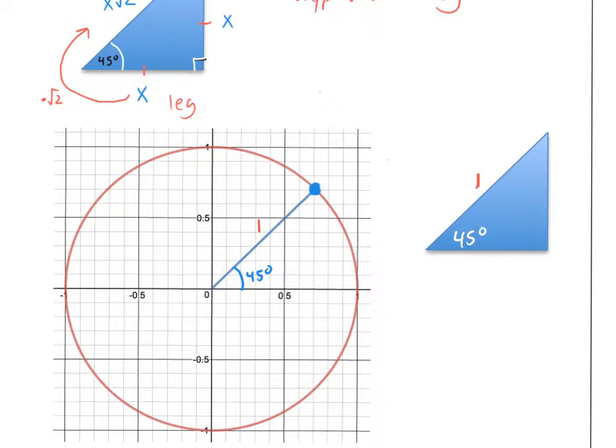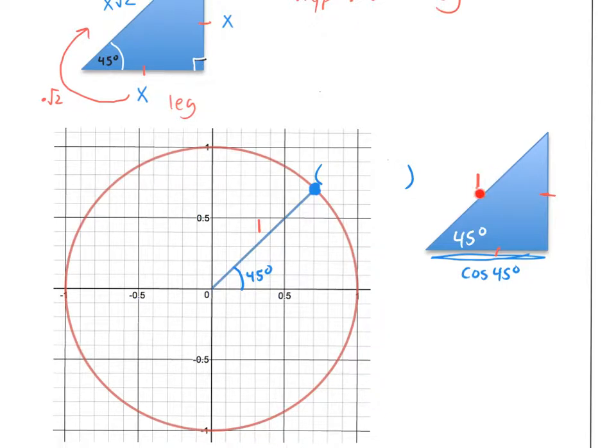If I want to find out what the point is, I have to find the cosine, because it's the length of that. So if I can find the cosine of 45, that's going to tell me this length right here, in other words, the leg of the isosceles triangle. And once we know that leg, we know the sine, which is the height of the triangle. So how do we find that?